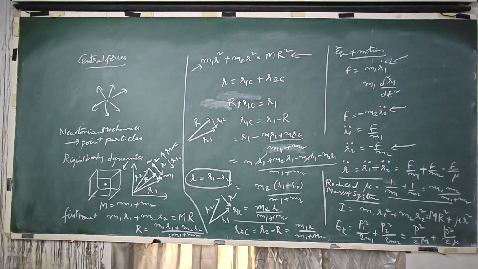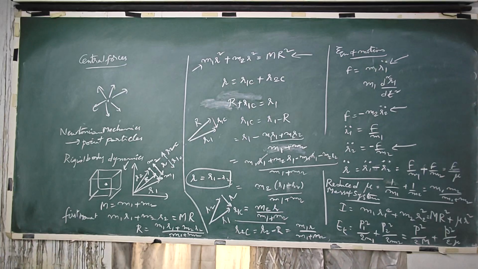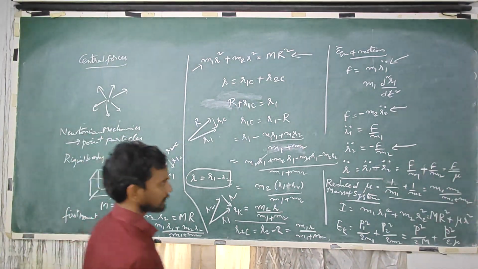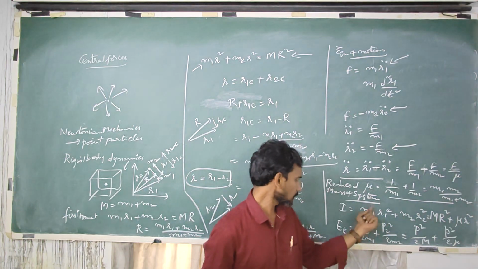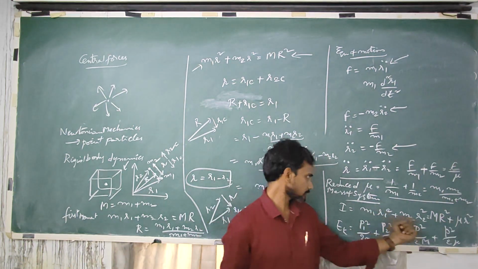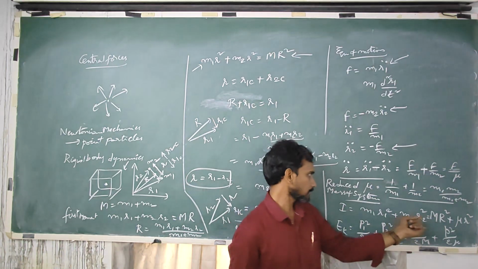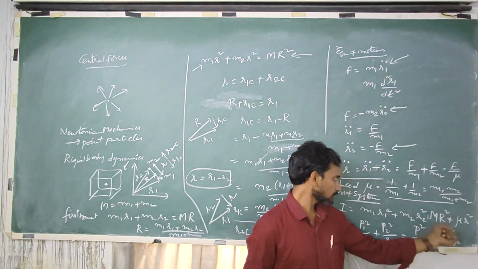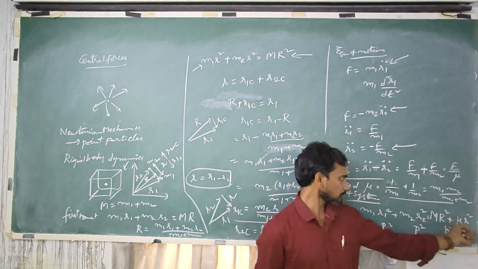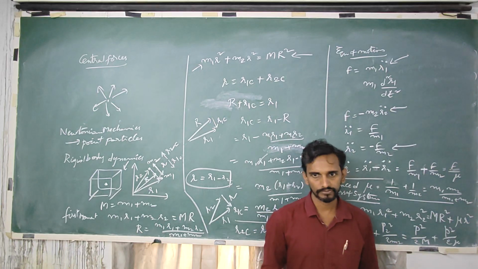That is called the parallel axis theorem, which says the moment of inertia of individual objects in a rigid body will be equal to the moment of inertia of the center of mass plus the moment of inertia of the rest of the body with respect to the center of mass.